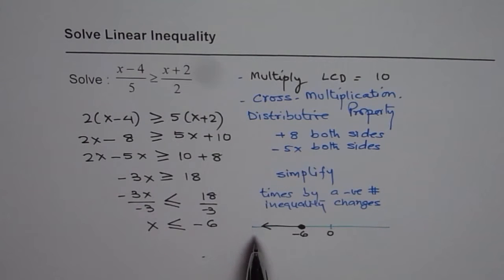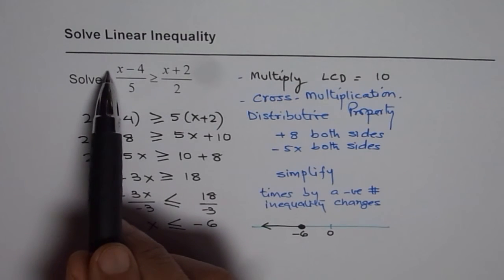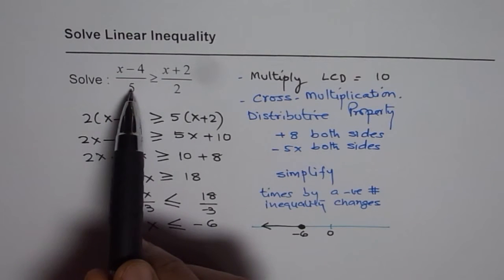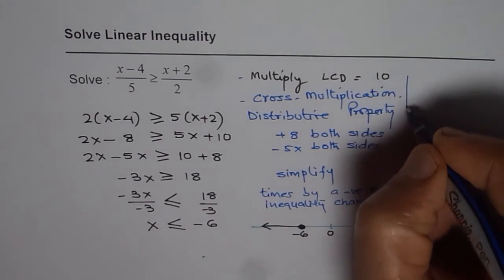You can substitute a value, let us say, minus 7. Now if I write minus 7 here, I get minus 7 minus 4 as minus 11 divided by 5, right? So let's put the values and check it for once. So we'll do the check on this side.